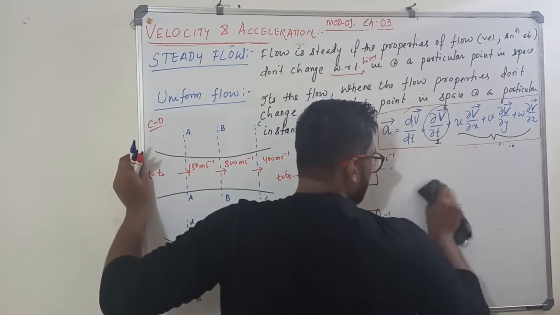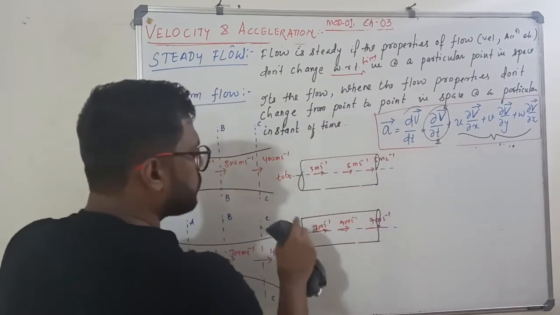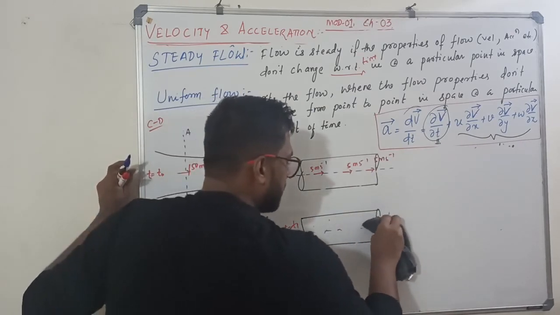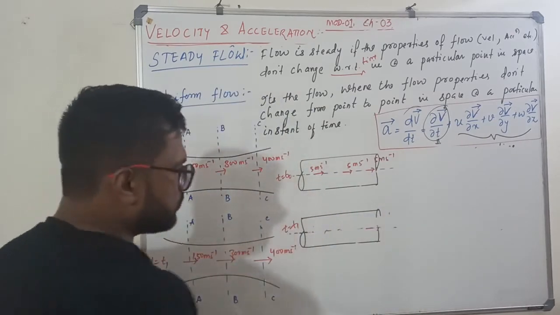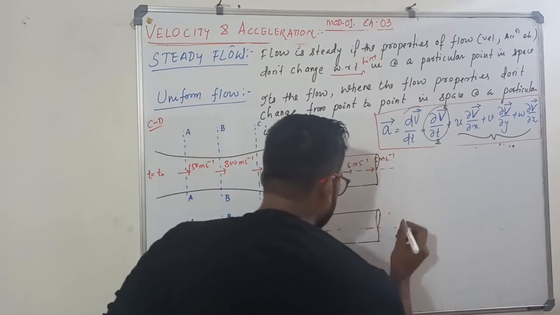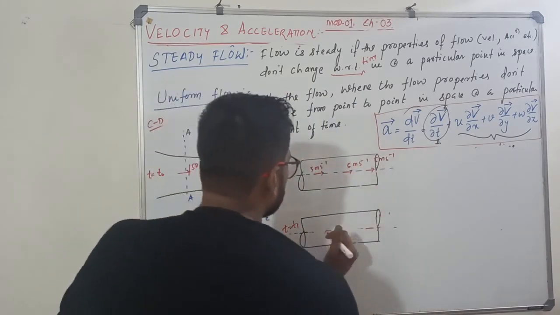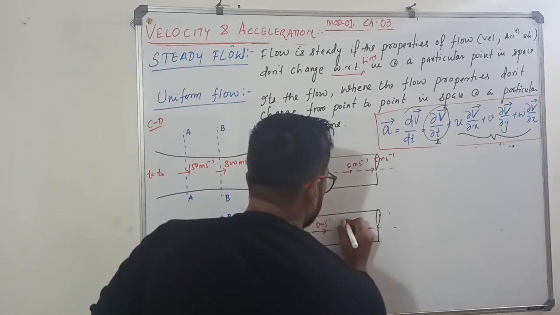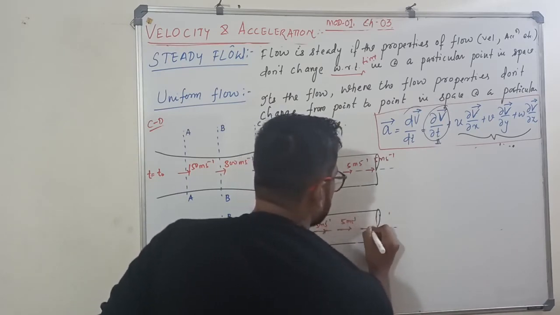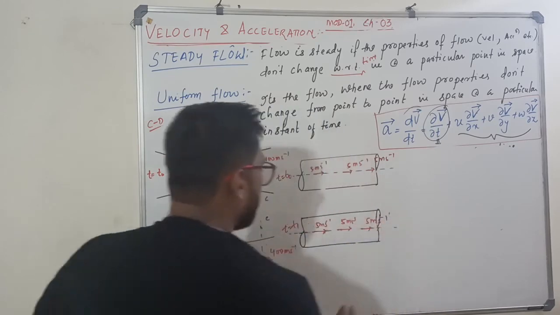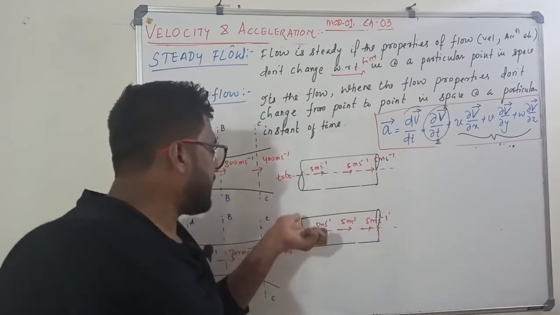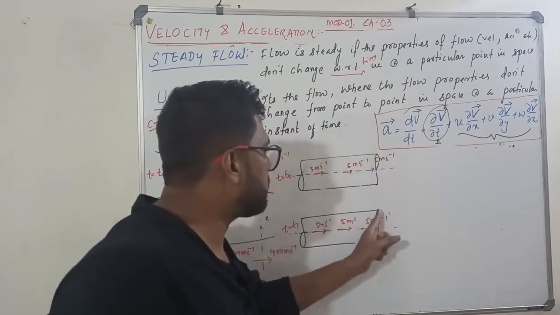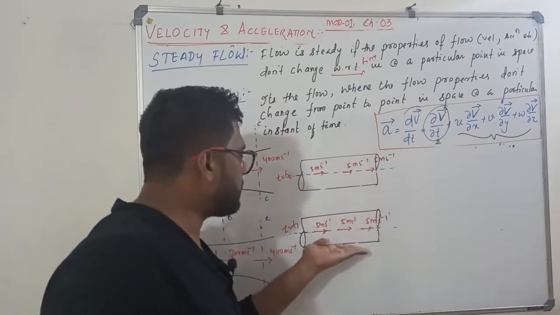I am erasing this. Now see. Suppose here 7 meter per second; let us say I am changing that value. At time t equal to t1 also, here I have 5 meter per second, here also 5, here also 5. So now you change the time at any given point. What happens to the velocity?